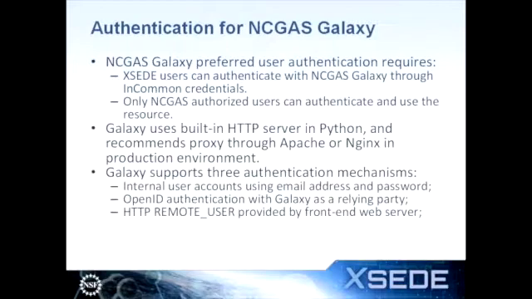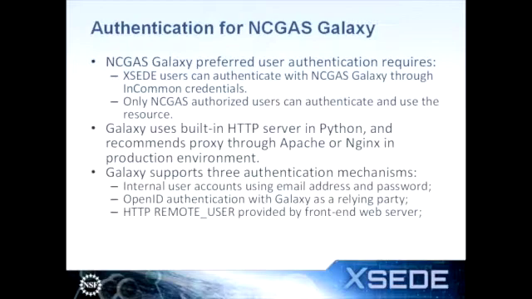Galaxy distribution uses a built-in HTTP server in Python, and it recommends a proxy through Apache or NGINX in the production environment. It supports 3 authentication mechanisms. The first one is just managing user accounts locally using their email address and password, and the second one is OpenID authentication.